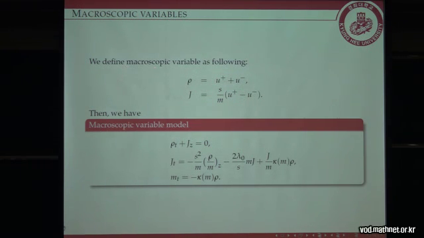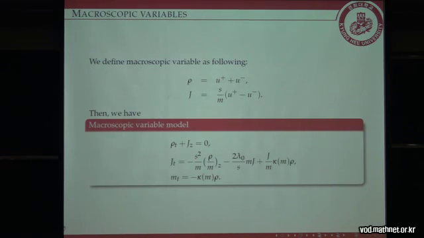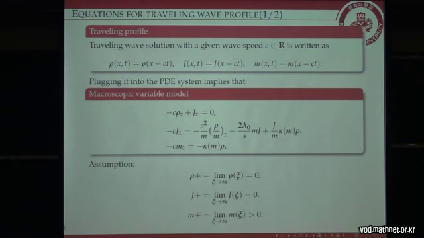We define some macroscopic variables, rho equal U plus plus U minus, and J equal s over m times U plus minus U minus. From this notation, our system becomes this form. So we define the traveling wave profile like this, the same as in the diffusive equation case.